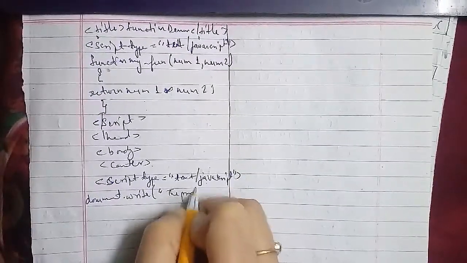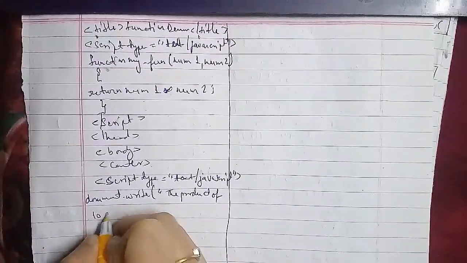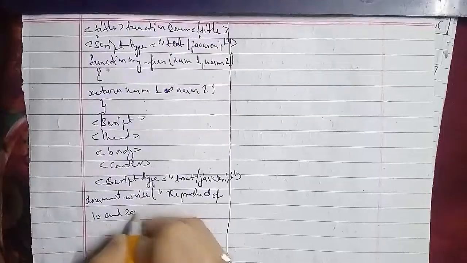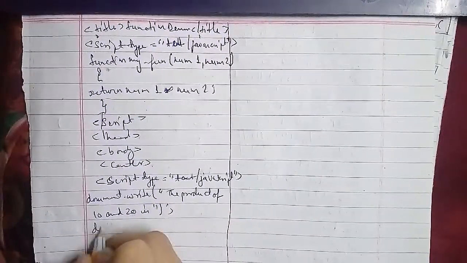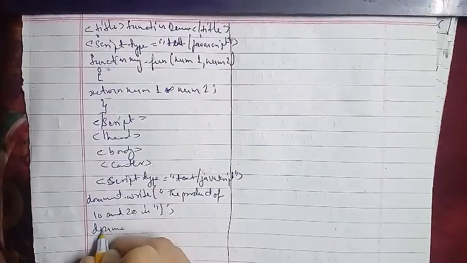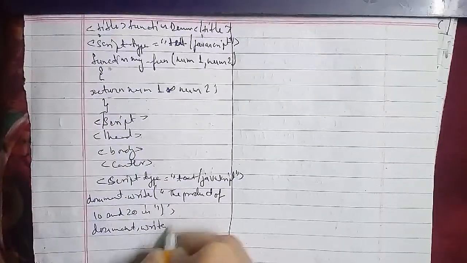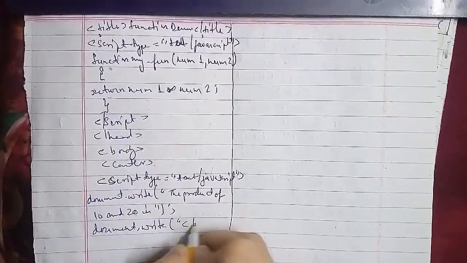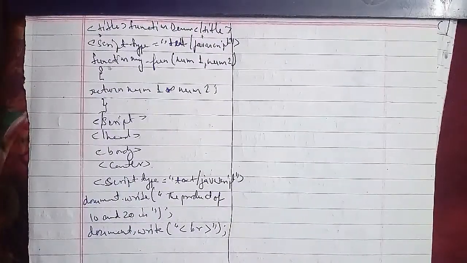Then the h3 tag will be closed here, then the script tag will be closed which we opened above, and after that we'll close the center tag which we had opened above, then the body tag, and then of course the HTML tag which we had opened at the start. Now this is related to the functions.